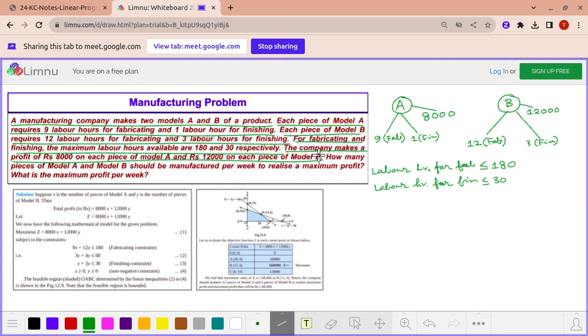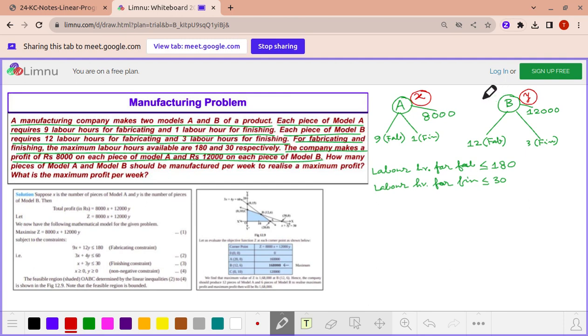Again, in a similar manner, let us assume that model A has to be manufactured X units, X pieces in context to the problem, X pieces of model A and Y pieces of model B per week. Then what will be our objective function? Our objective function will be 8,000x. Why? Because per piece of model A the profit is 8,000 rupees.